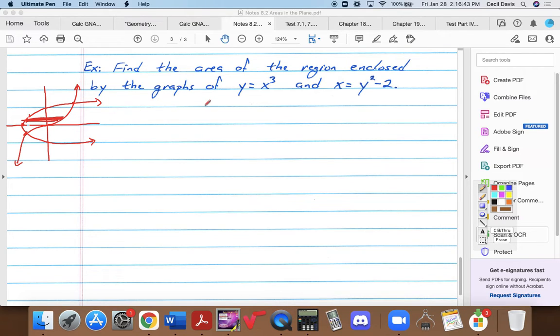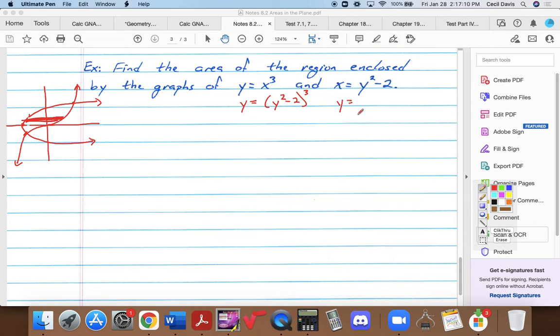Okay, so putting x cubed, let's see, this would be y is equal to y squared minus 2 quantity cubed. Gross. So y would be, I don't want to do that.